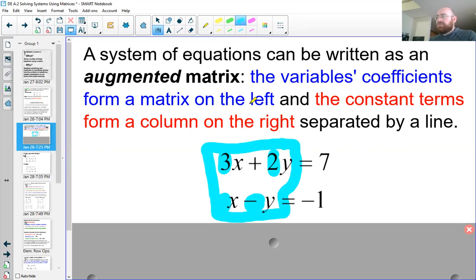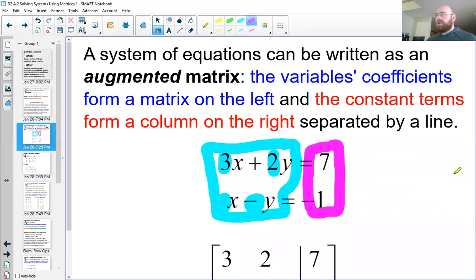On the right, these constant terms, or the solutions, if you will, form a column on the right. We could also call this a matrix with 2 rows and 1 column. You might also, in future math classes, hear it called a column vector, vector being numbers that have multiple properties, such as 2 elements stacked on top of each other. And we separate these two things with a line.